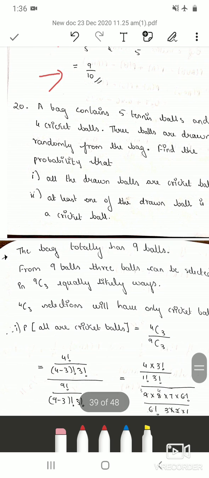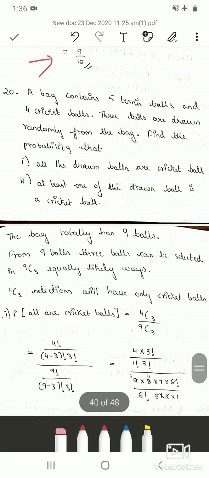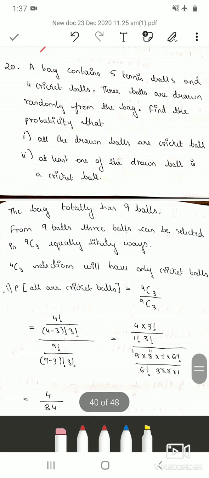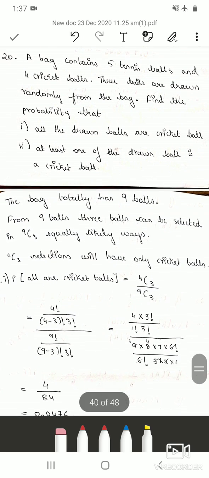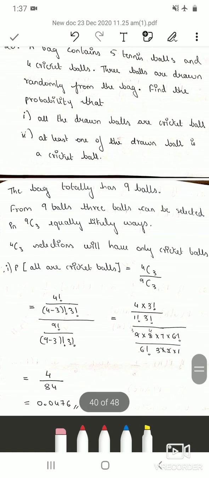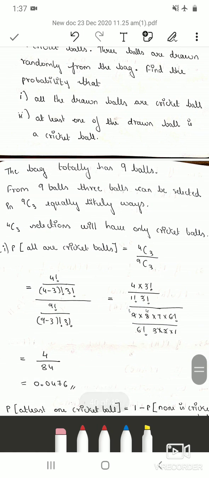So the bag totally has 9 balls, that is 5 tennis balls plus 4 cricket balls. Among these 9 balls, 3 balls are drawn randomly. Therefore, there are 9C3 equally likely ways. So from 9 balls, 3 balls can be selected in 9C3 ways.